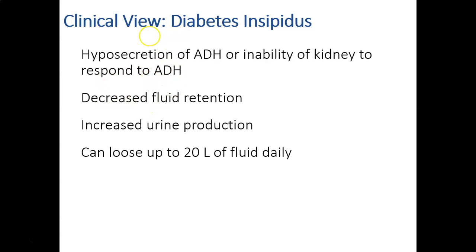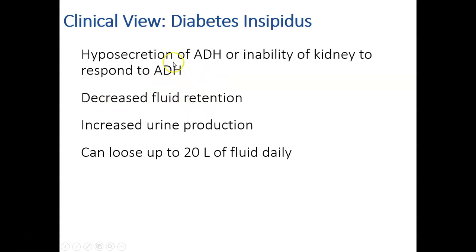And if you still remember the number we talked about last time, in your body daily, your nephron generates 180 liters of filtrate. But most of that, a super majority of that, gets reabsorbed.